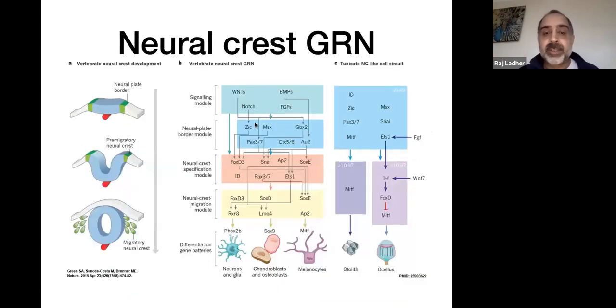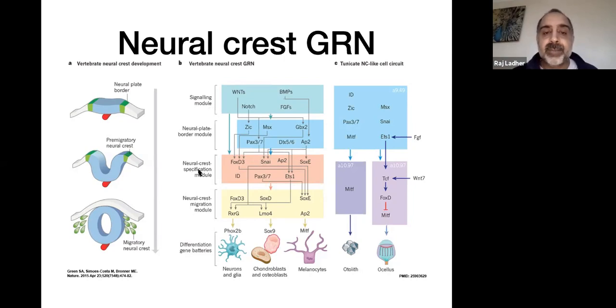These genetic regulatory networks have been further subdivided into thinking about the types of cells neural crest is able to give rise to. And so here it's starting to think of neural crest, as I mentioned, as a stem cell population, and how different types of potentials are realized within the neural crest. Very similar to the way we think about development, neural crest development is also hierarchical.